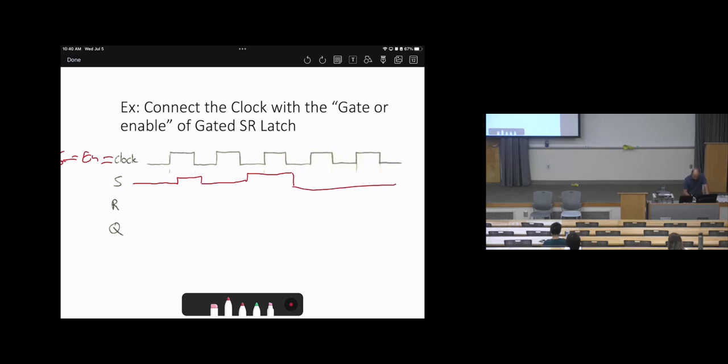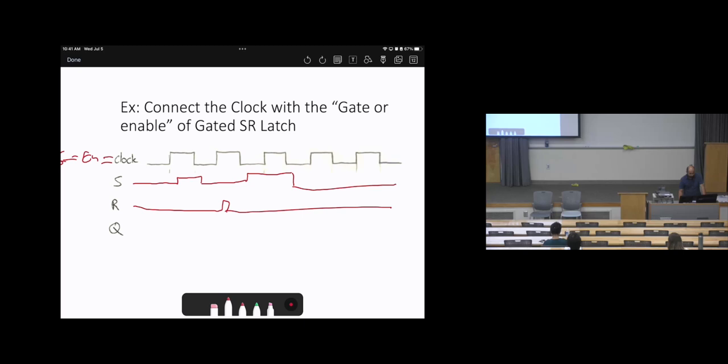And I'm going to assume R this way. So our target is to find Q. So how can we find Q?